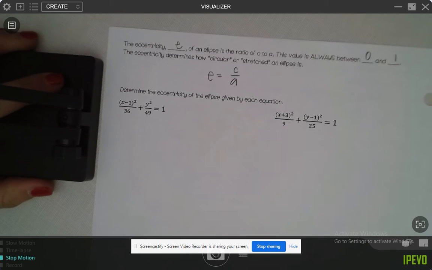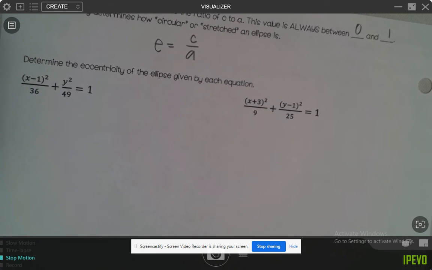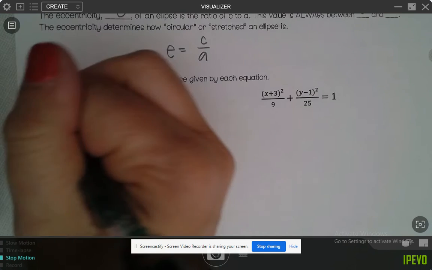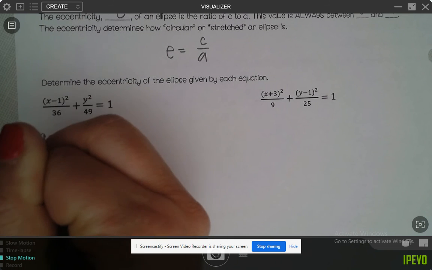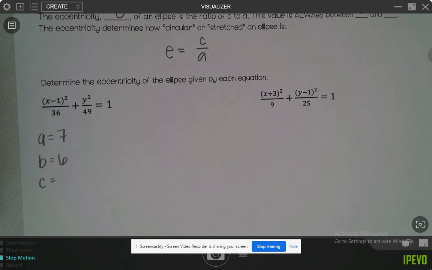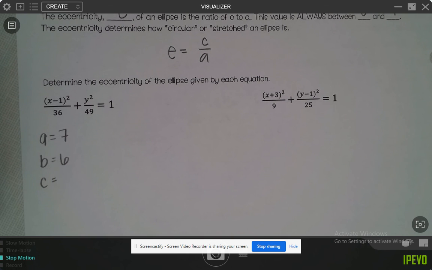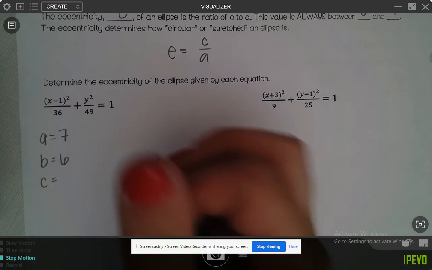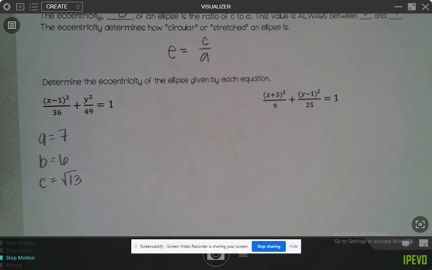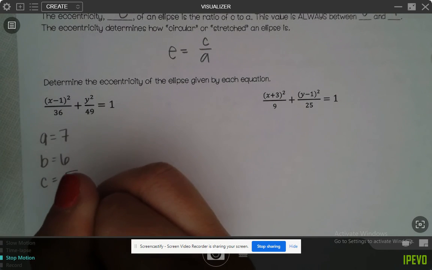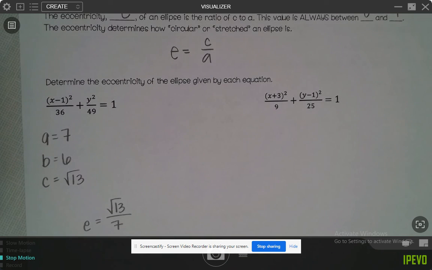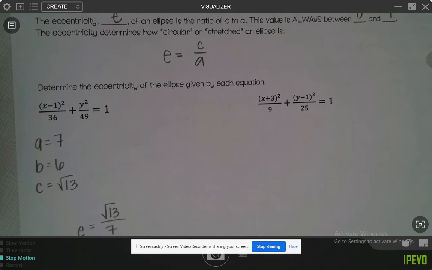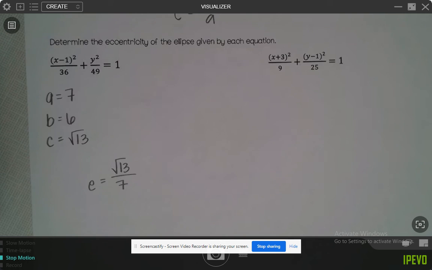All right, so first example. What does a equal? A is 7, b is, and c is? Good catch. Square root of 13. Okay, so my eccentricity is the square root of 13 over 7. Put it in your calculator. Let's round it to the hundredths.